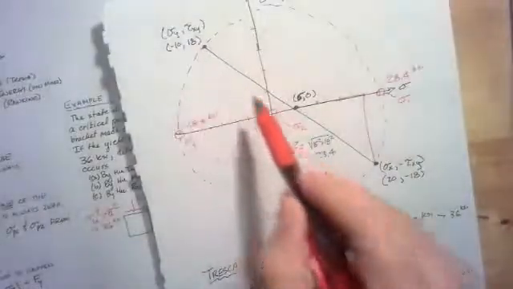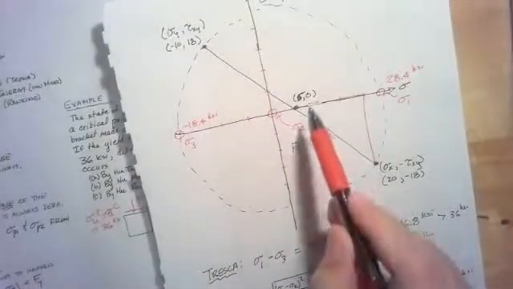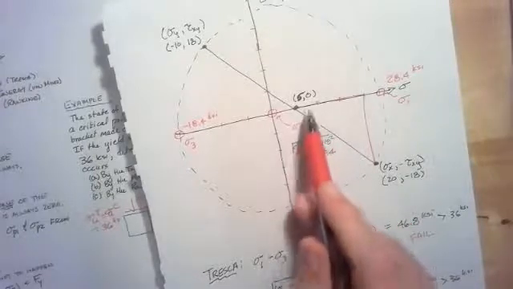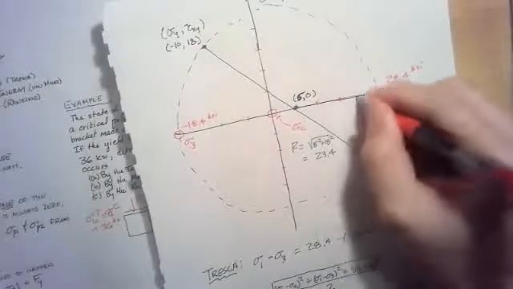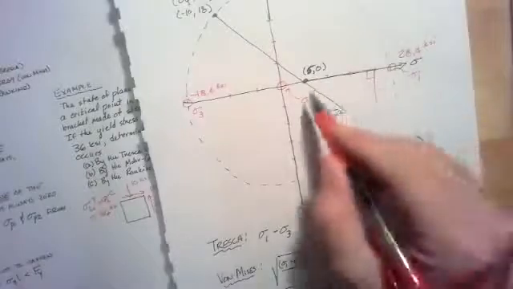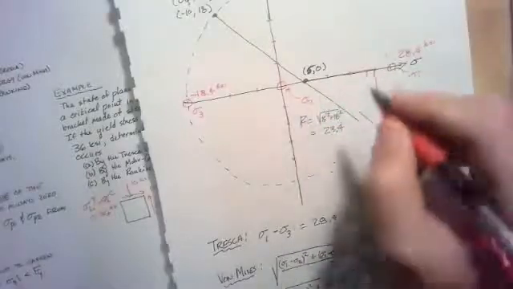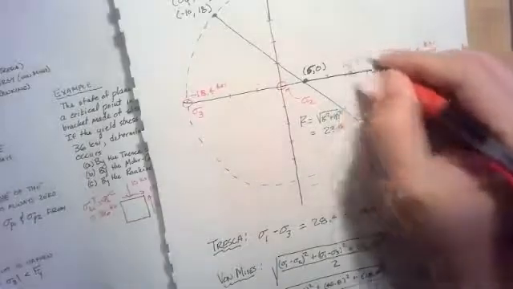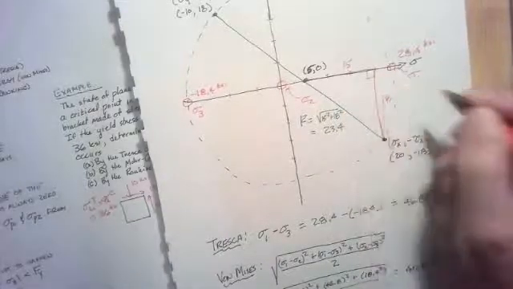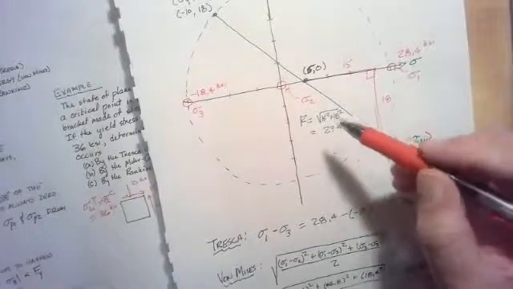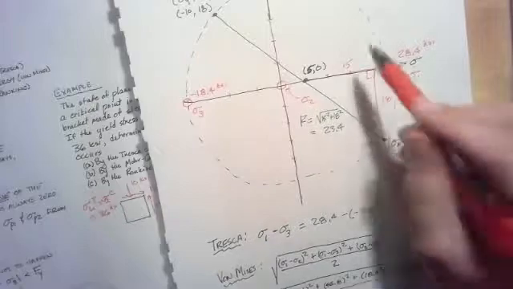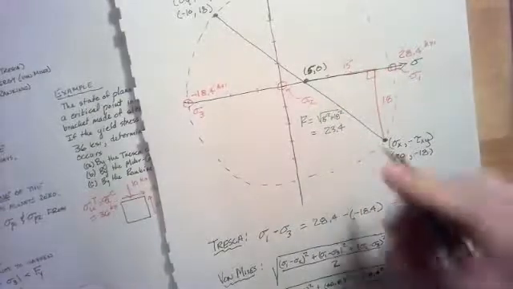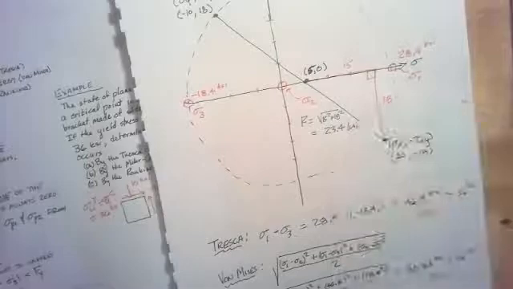I need to connect the two. So sigma average is 5, 0. So it's an average stress of 5 KSI. Well, if I was to take a look at my right triangle here, I would have 15 on this side. I would have 18 on this side. And the radius is the square root of 15 squared plus 18 squared, or 23.4 KSI.